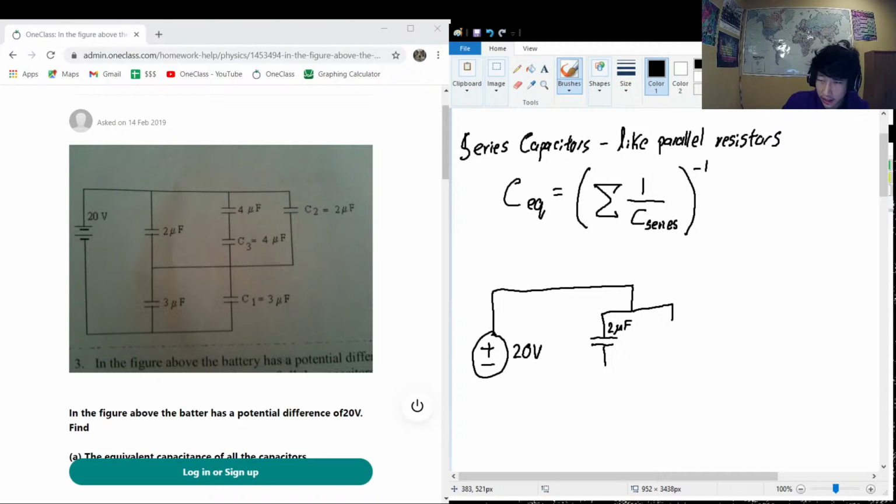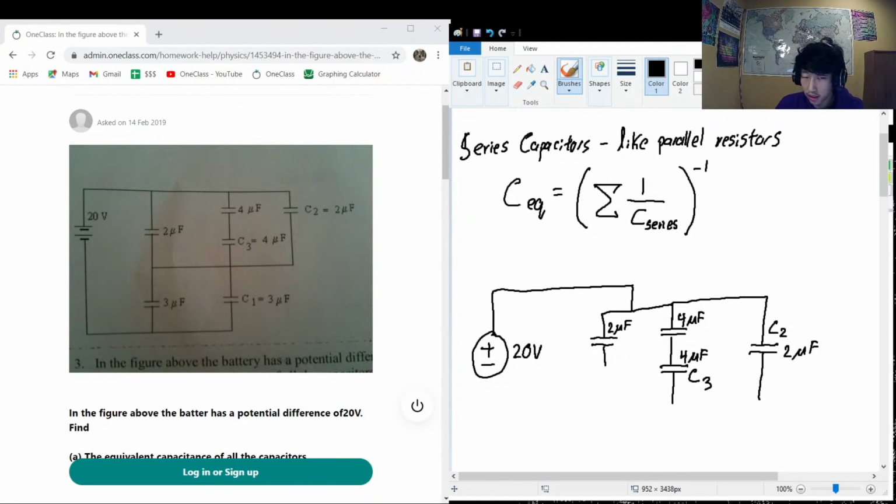We also have a 4 microfarad capacitor that is in series with another 4, and this is C3. And another branch on this is going to be C2, at 2 microfarads.